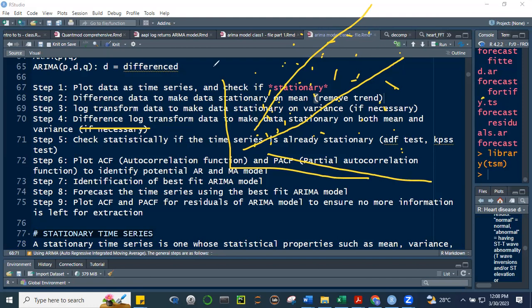Any volunteer, please? Yung pagdi-difference, tapos saka kukunin log, or get the log first and then get the difference? You do this if there's a trend and there's a non-constancy invariance.